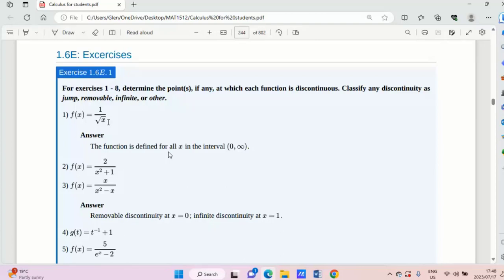On this one, the way Abdul explained, I think the answer will be function of x equal to 2 over x squared plus 1 is continuous for all real values of x. It does not have any points of discontinuity. Is continuous at all values of x except this 0 and infinity. You said number 2, right?